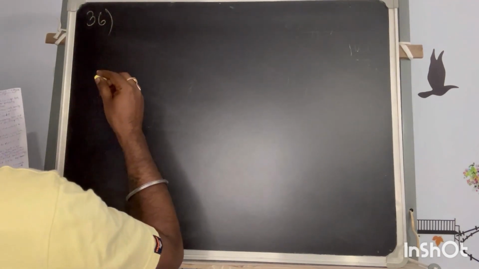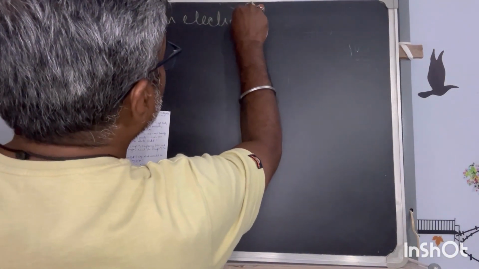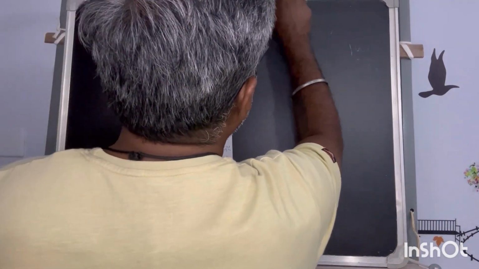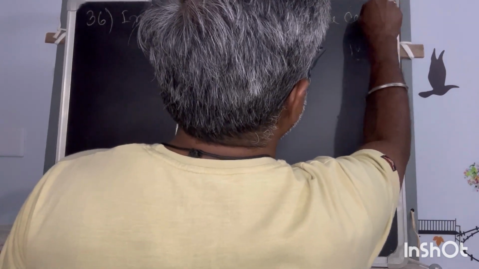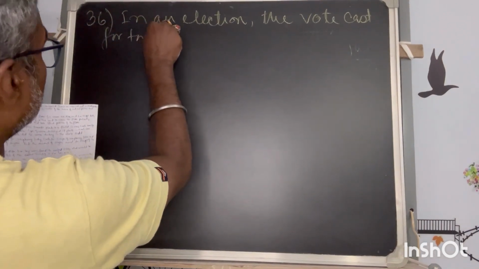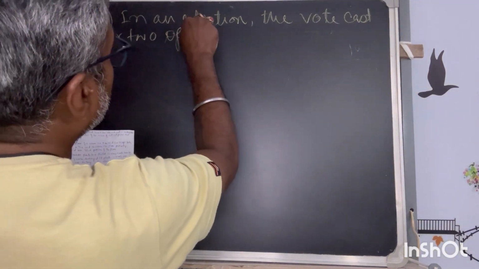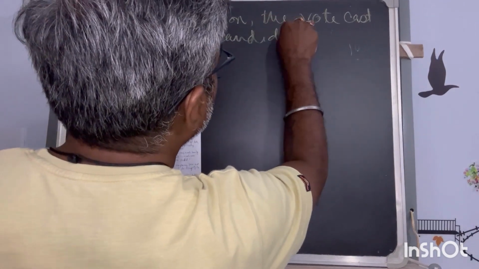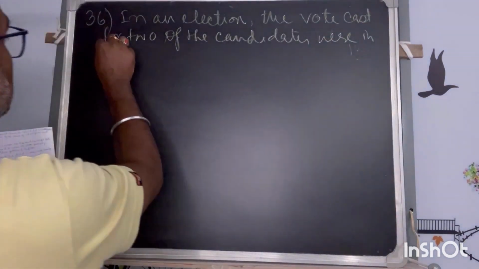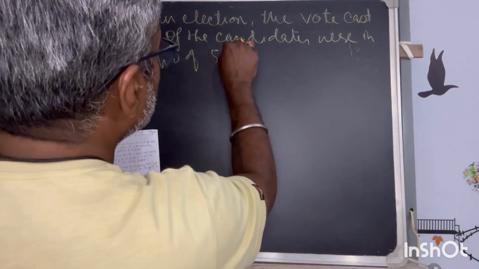Say in an election, the votes cast for two of the candidates were in the ratio of 5:7.